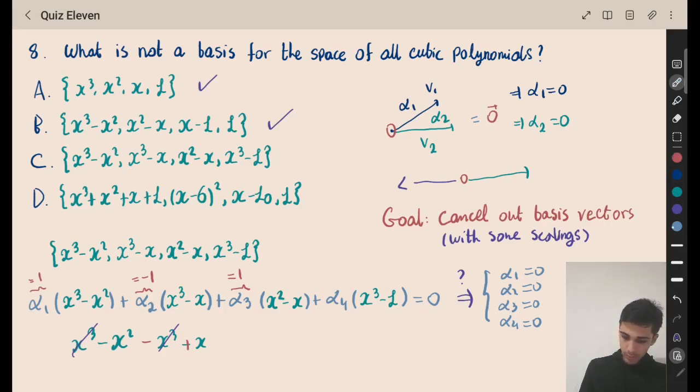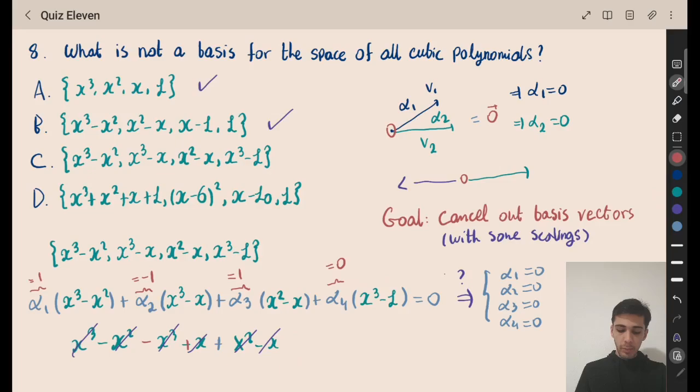Then I have x squared minus x in the brackets. Brackets don't matter because this is a plus. And now x squared goes with x squared and x goes with x. And I can simply choose alpha 4 to be equal to 0.